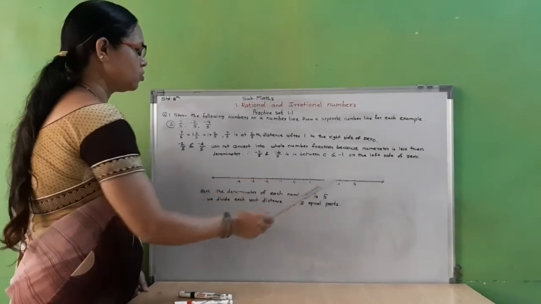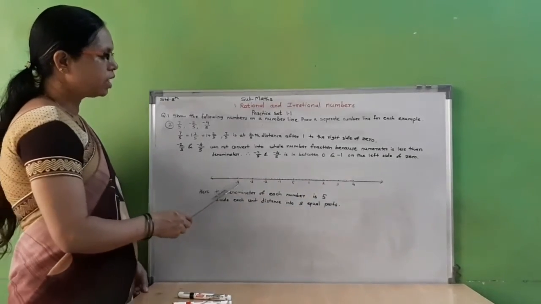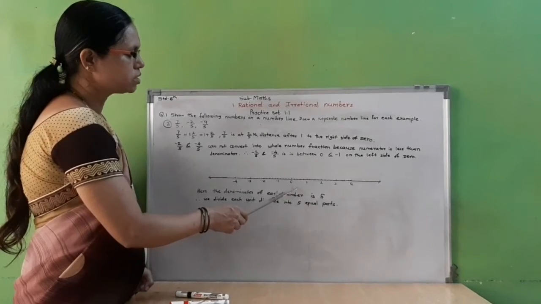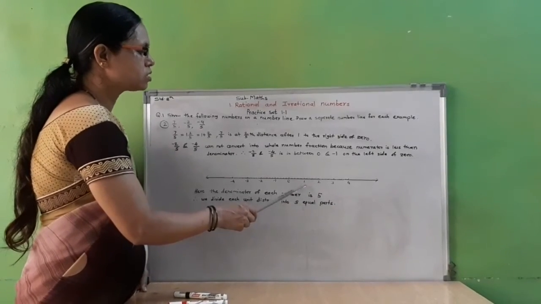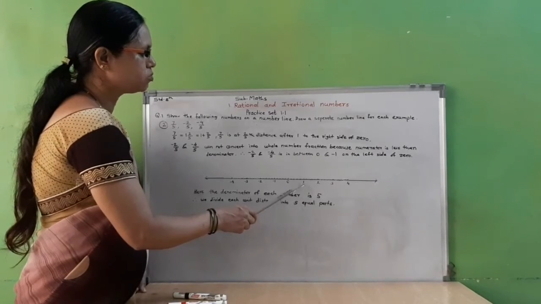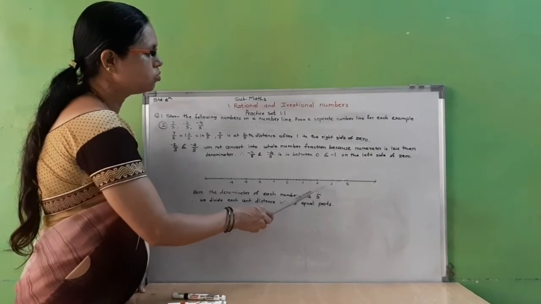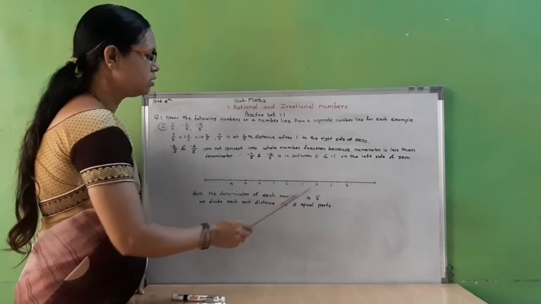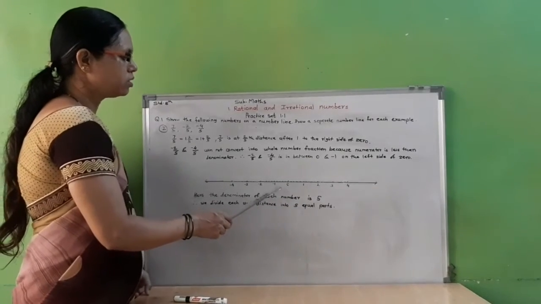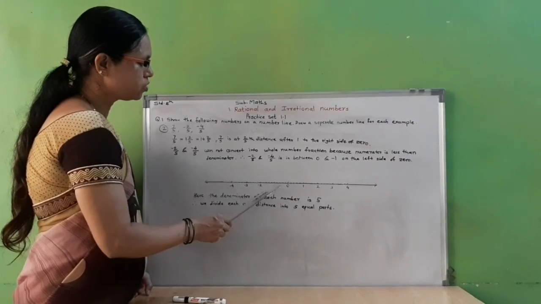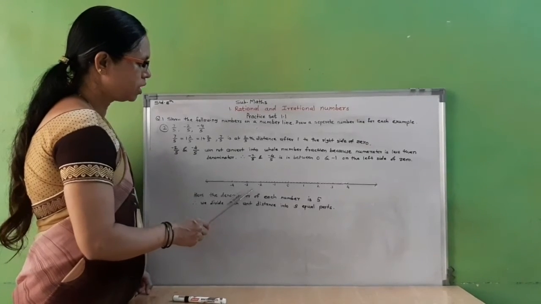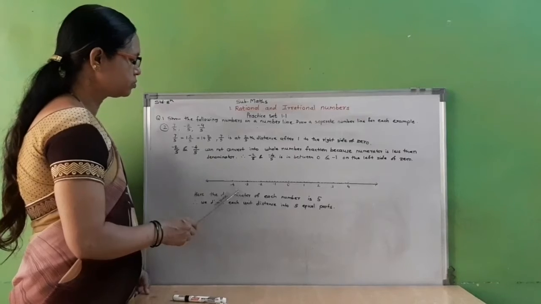Draw number line, take 0 as a midpoint and plot positive numbers to the right side of 0: 1, 2, 3 and 4, and plot negative numbers to the left side of 0: -1, -2, -3, -4.